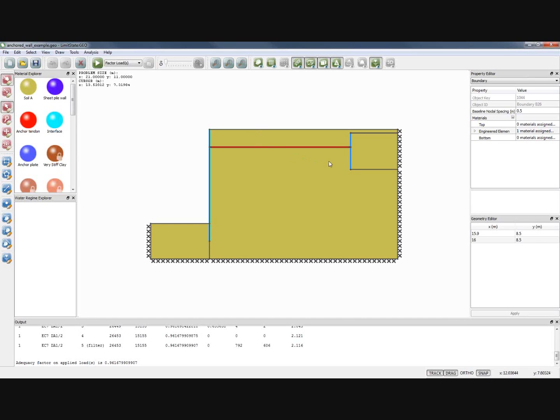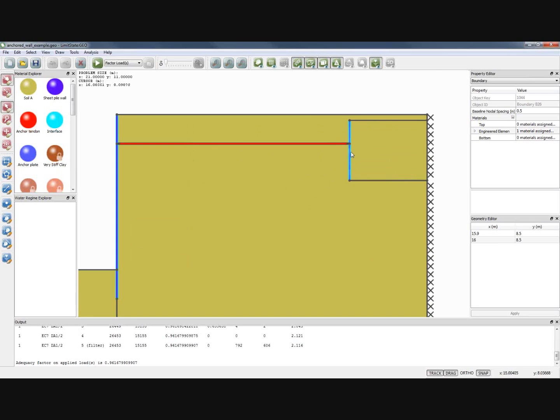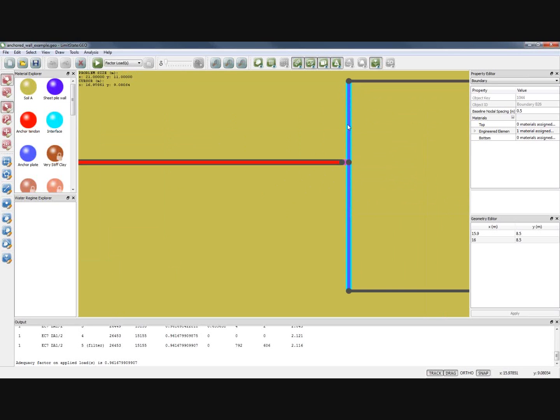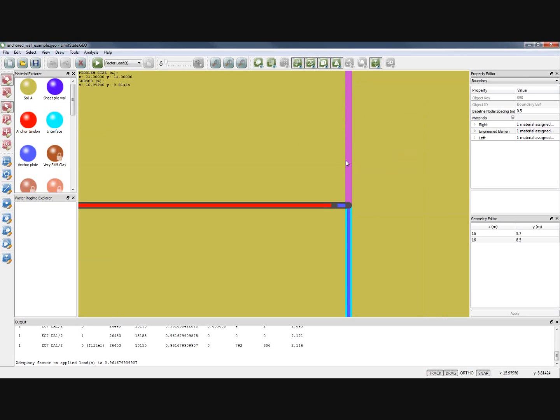The other, just to finally finish, just nice to show this model in terms of the interaction of the anchor and the wall. We know that the anchor has to go a certain distance behind the wall so it doesn't interact. The previous analysis showed that those mechanisms weren't interacting, but I can pull that anchor closer to the wall, and we can see that the interaction is actually modeled.